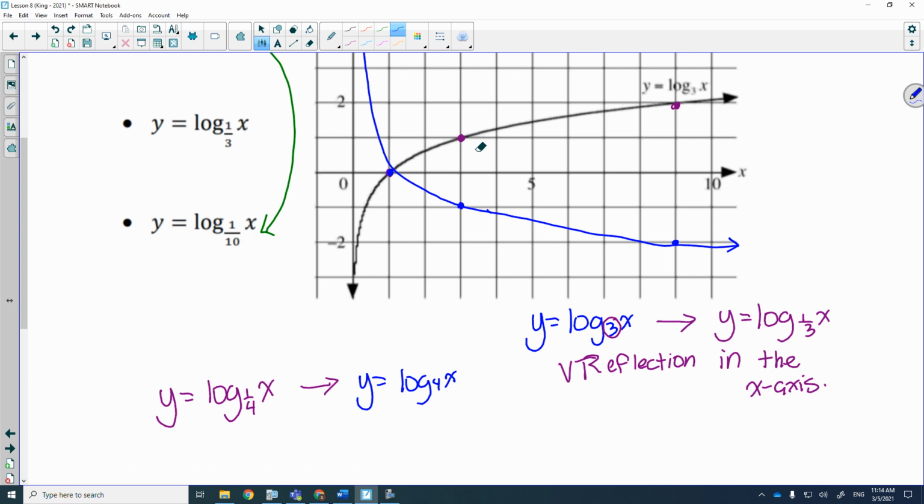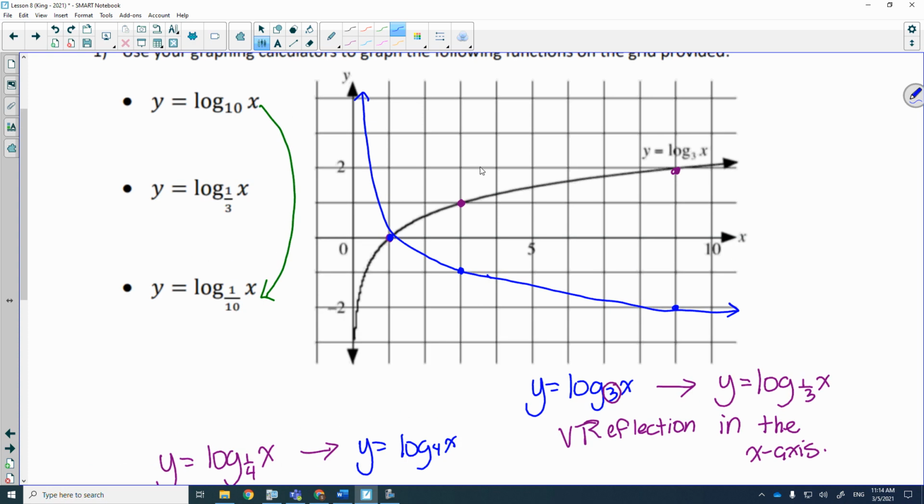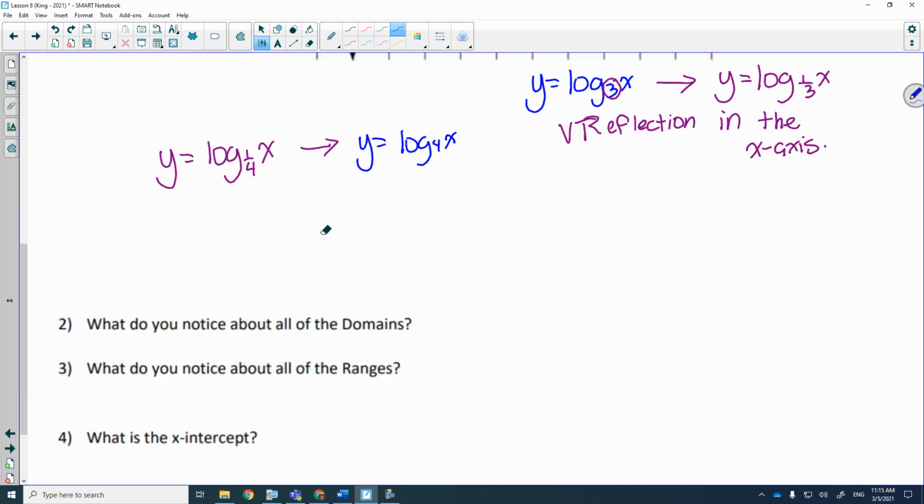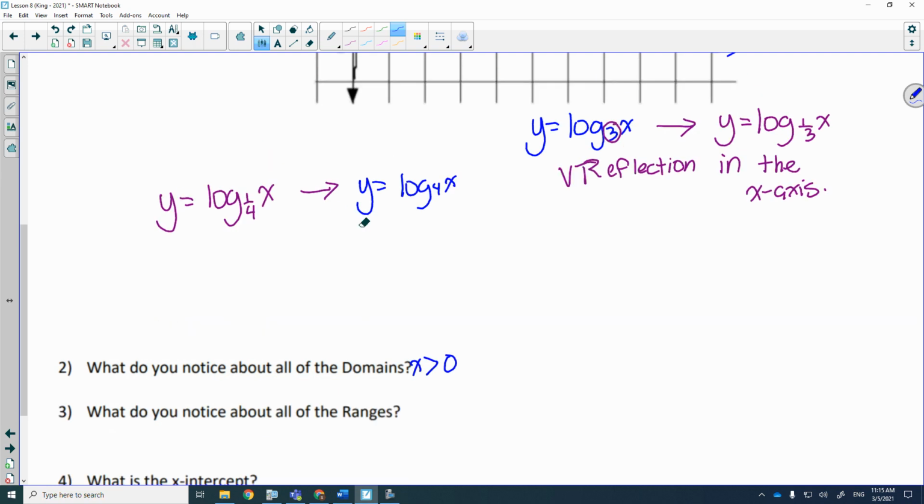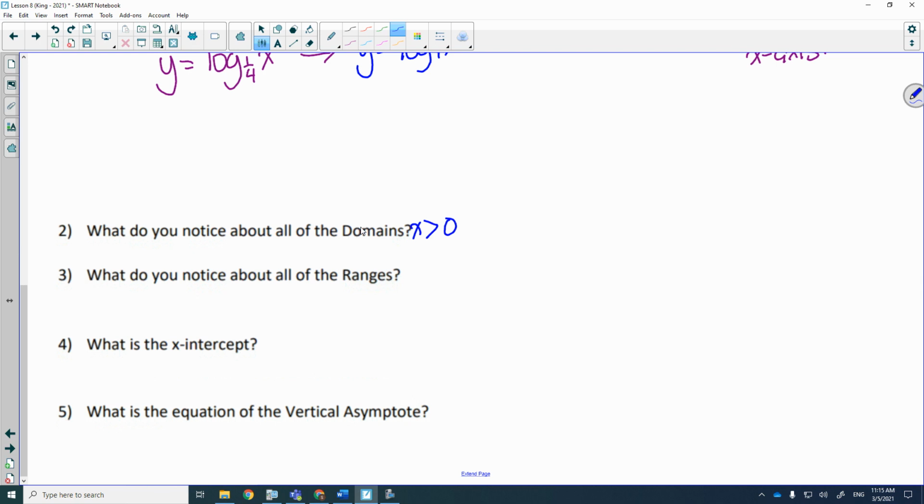All of these domains are going to be what? All of these guys, the argument must be greater than 0. That's how you get the domain of any graph. The argument must be greater than 0. So x is greater than 0 is the domain of all of these graphs. The ranges for these graphs would be what? y is an element of the reals.